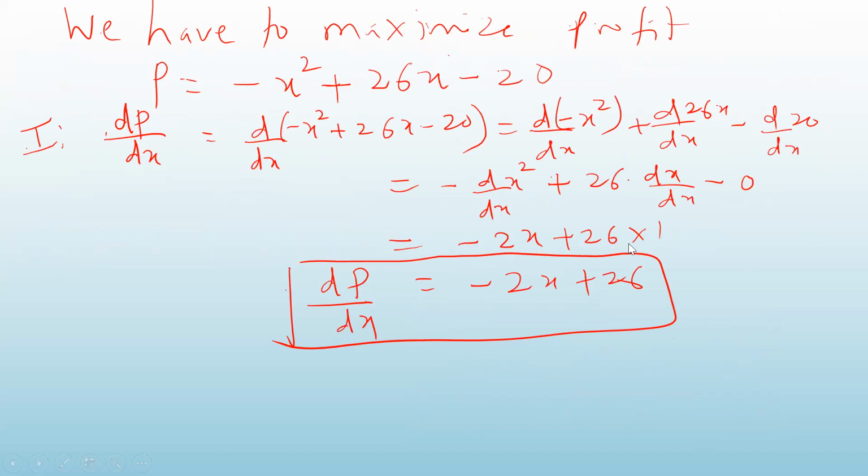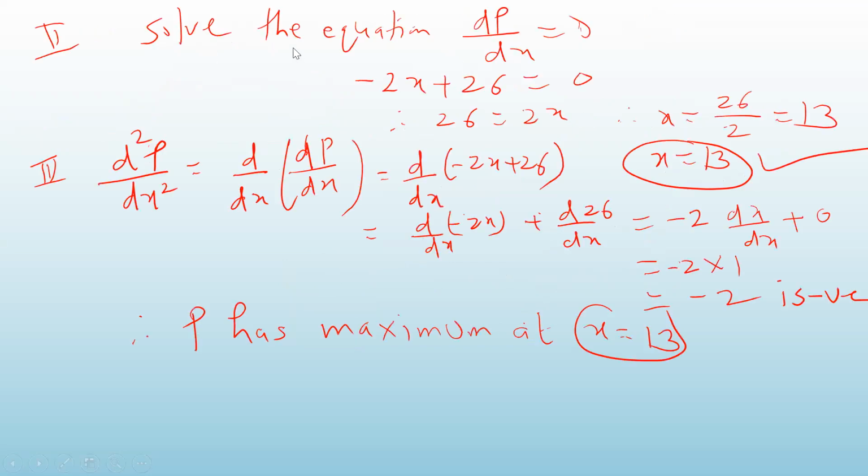That will give you minus 2x plus 26. So we got the first order derivative. In the second step, we equate this to 0 and solve the equation. So dp by dx equal to 0: minus 2x plus 26 equal to 0. So you get 26 equal to 2x. So x is equal to 13.